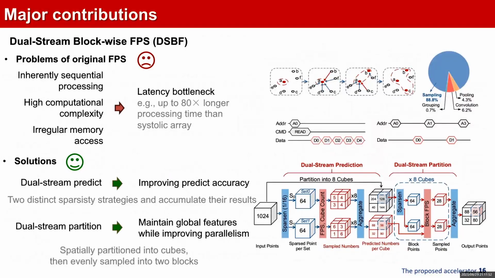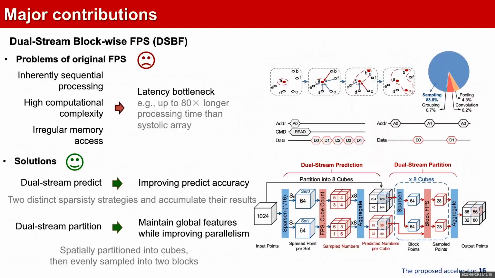In downstream prediction, two distinct sparsity strategies are adopted to reduce the original input points into two small sparse sets. Then FPS is performed on each set. After point counting and scaling, the results are accumulated to get the predicted values, which are used in the second step.